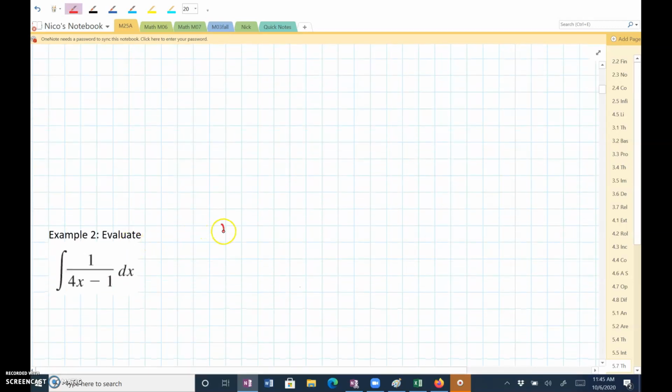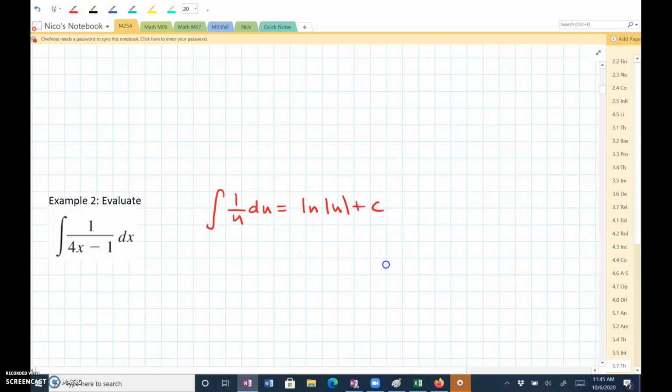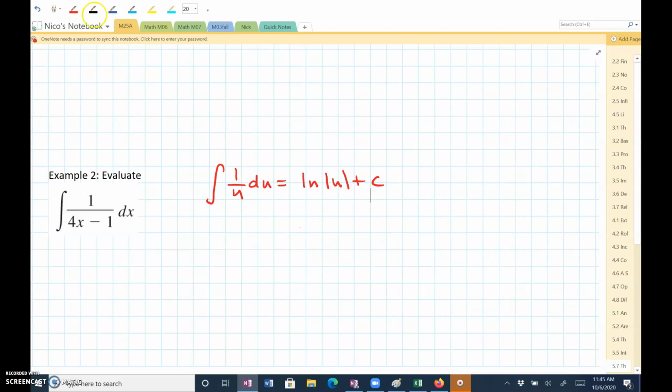So first of all, we're going to see if we're able to use 1 over u du equals the natural log of the absolute value of u plus c. We're going to see if that's the case. I'm going to try to let u equal 4x minus 1, where the derivative of u with respect to x would equal 4.